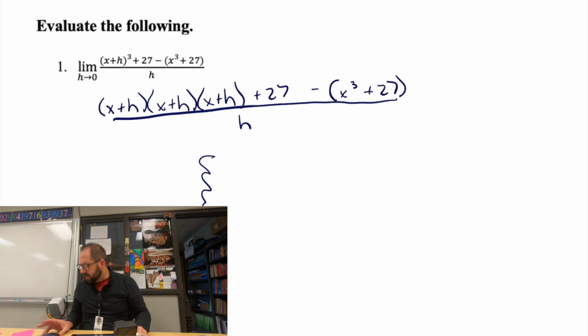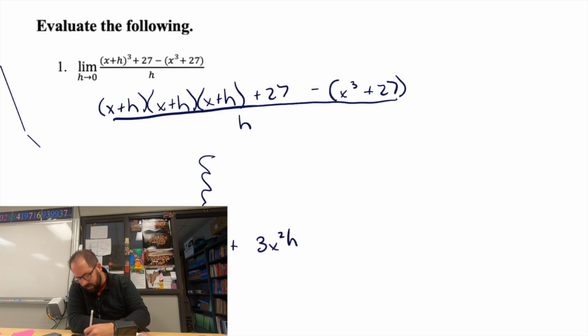So here's what it should spit out if you actually foiled it. I'm not going to waste your time doing it on paper. Here's what you should get: x cubed plus 3h squared x plus 3x squared h plus h cubed.